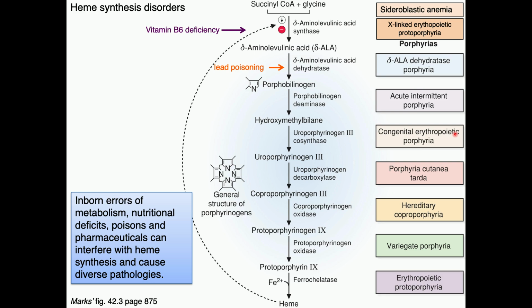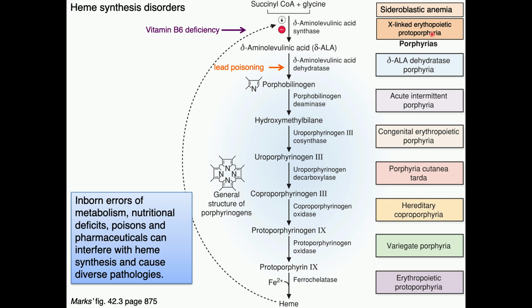There are also many inborn errors of metabolism, and one of them results in an increase in activity of an enzyme, and that's the X-linked erythropoietic protoporphyria.